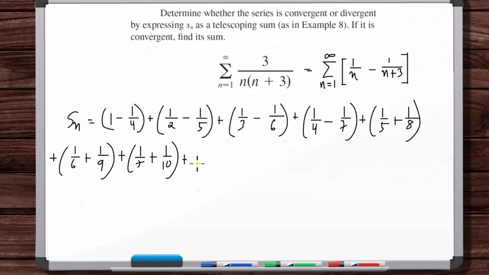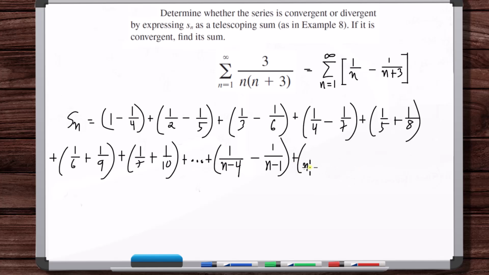Okay, now just to make this really clear, let's go all the way back to n minus 4 so we can really get a good look at this. N minus 4 plus 3 is n minus 1.